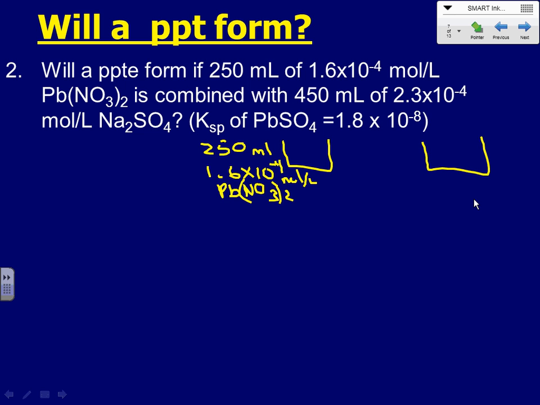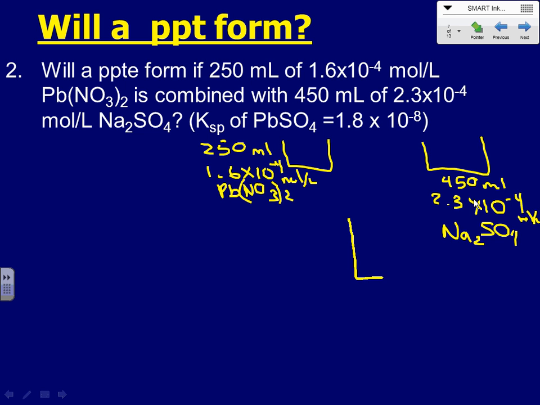And on this side, 450 milliliters, and this is 2.3 times 10 to the minus 4 moles per liter, Na2SO4.